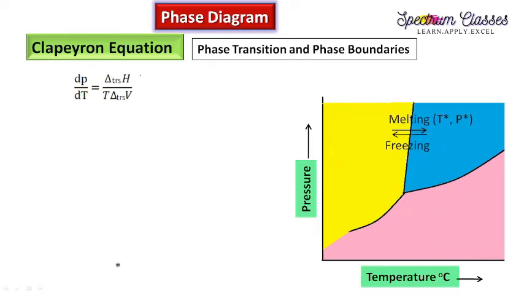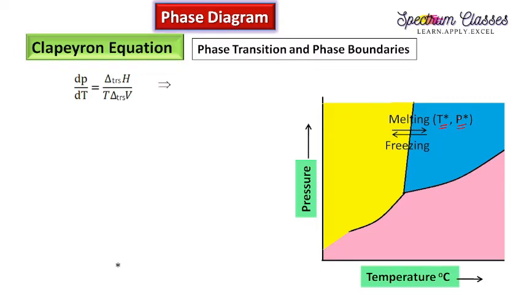Now coming to the application of this Clapeyron equation to different phase transitions. Suppose we have an equilibrium here with melting and freezing, as we discussed earlier. Suppose the melting temperature is T star and the melting pressure is P star.